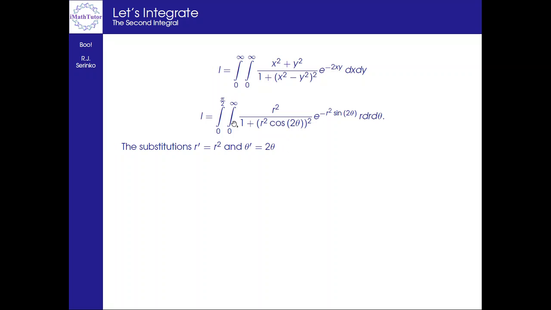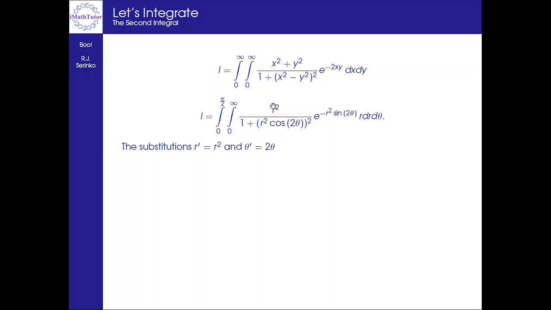So this is just going to be sine theta prime, and that's going to be r prime squared cosine theta prime. The differential here, r dr, will become dr prime once I multiply and divide by 2. d theta prime, I have to multiply and divide by 2.